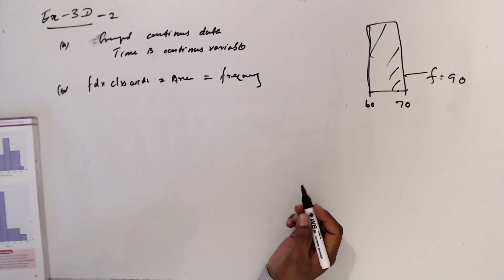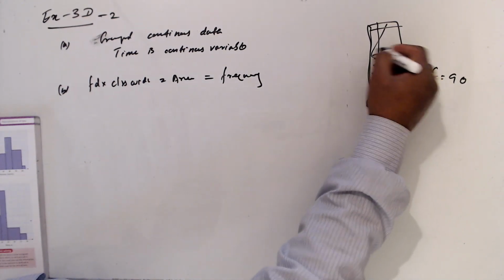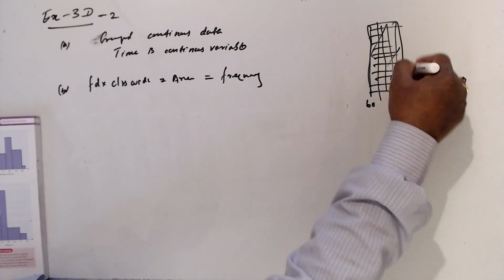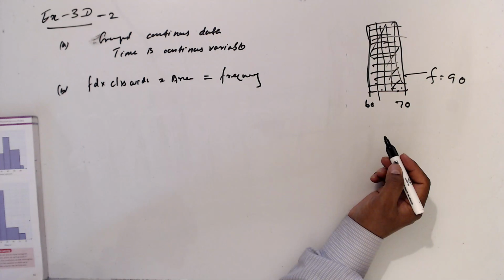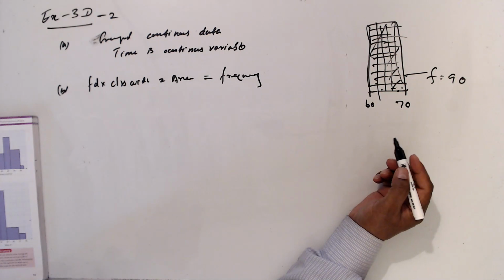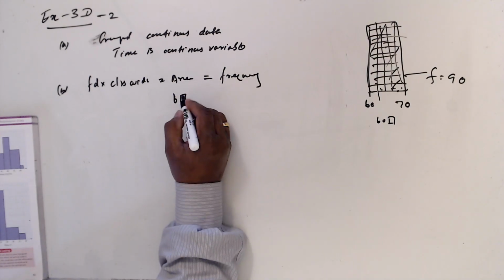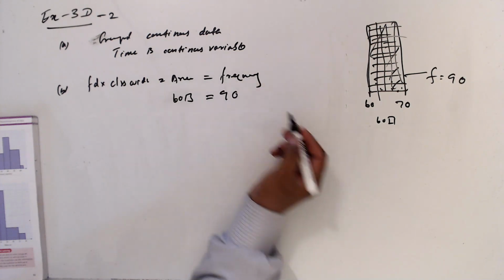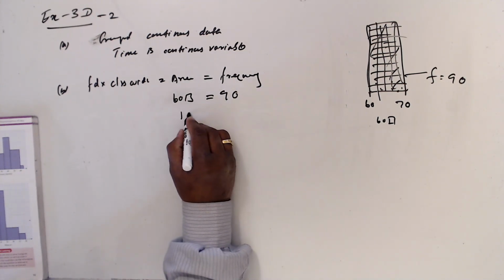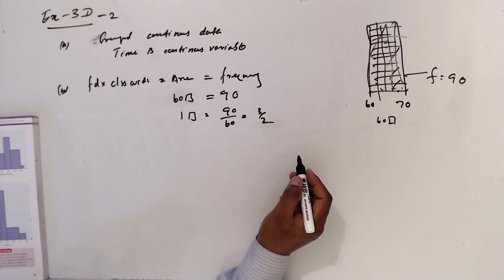Now I can see that there are lots of small boxes, so we have to count how many boxes there are. Counting from this diagram, 60 to 70, you will get around 60 small boxes. So 60 small boxes represent 90. So one small box is 90 divided by 60, which is 3 over 2.